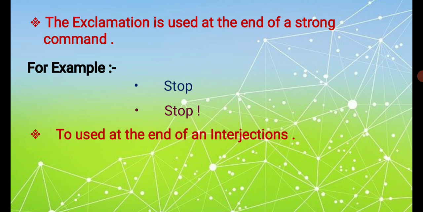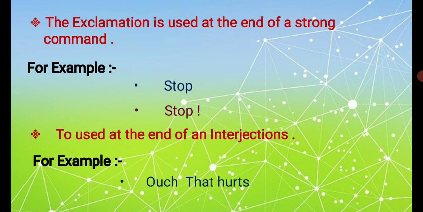The next rule is to use it at the end of an interjection. As I told you, after interjections we will put an exclamation mark. Let's see the example. Ouch, that hurts. It means it is a sound of pain. It feels very bad.